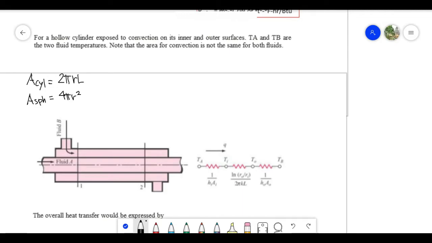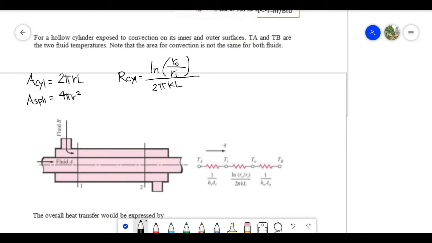And then thermal resistance natin, pag conduction ang pinag-uusapan, of course, alam na natin yan, which is ln R2 or R outside, yung bigger radius over R inside, over 2 pi K L. Ayan. Medyo magkamukha po itong 2 pi K L saka 2 pi r L. Kaya wag natin pagbaliktarin.